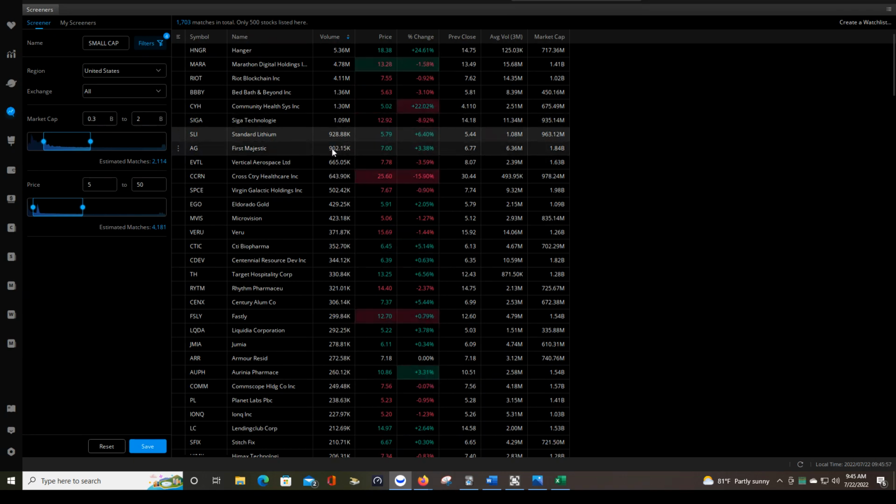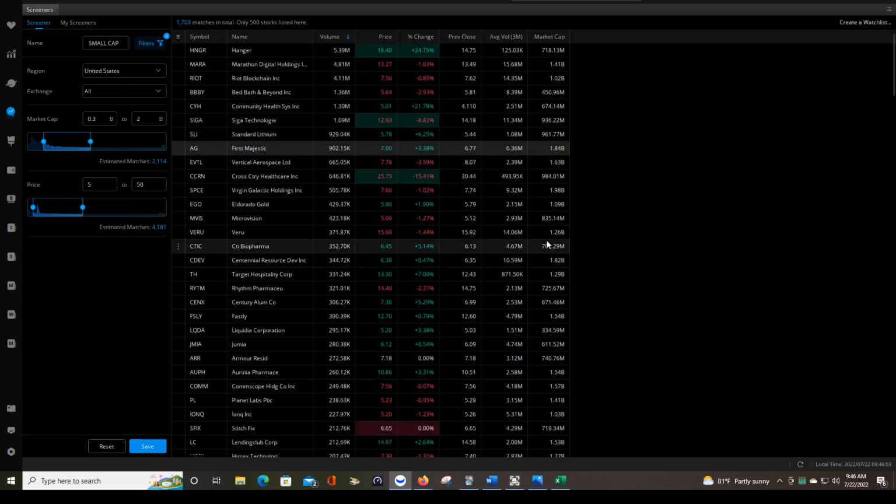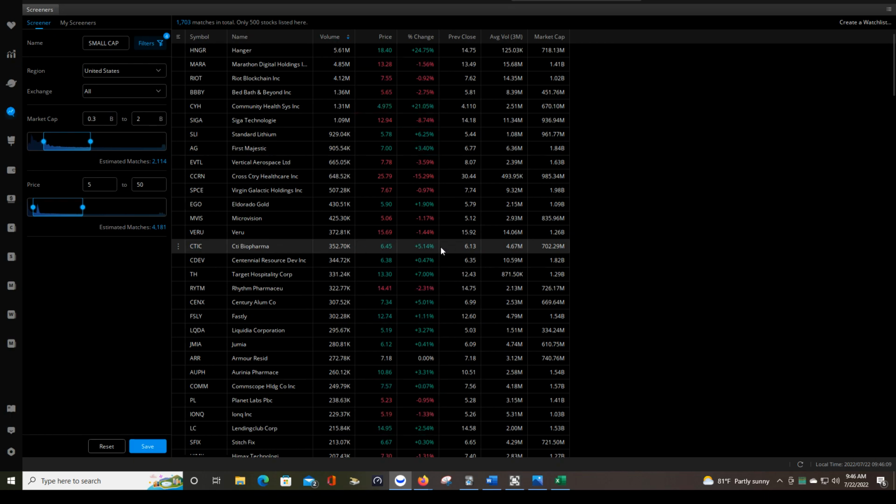And AG has nice volume, and it's not quite there to our percent change threshold, so I'm not going to check it out just yet. And CTIC is really just kind of fledgling down there. It's got a nice percent change, but it's been right around 5% since it popped up on the screener, and the volume is just barely trickling in, so probably not much going to happen with that one. And that's pretty much it for now.